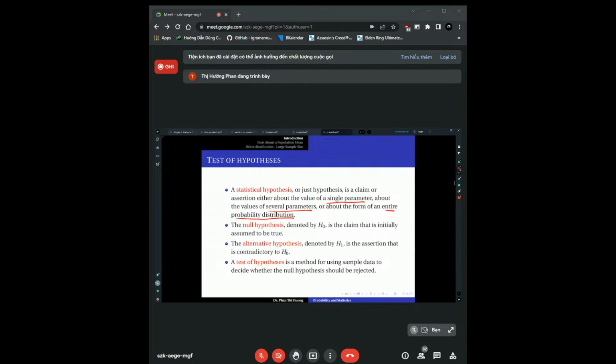Of course, we need to check, based on the data set, whether it is reasonable to assume that the population follows a normal distribution or not. This is also hypothesis testing, testing about the probability distribution. But for limited time during the course, we don't learn about hypotheses for the entire probability distribution. We only focus on hypothesis tests for parameters.